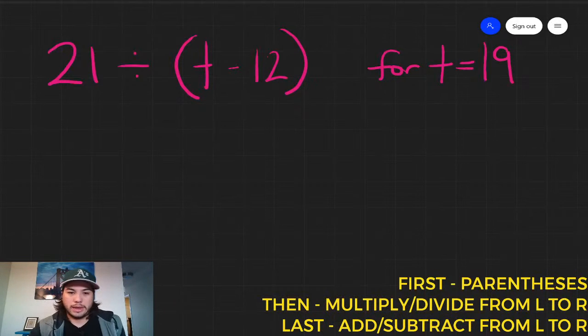So where that t is, put a 19 there, and then simplify it. Do your subtraction first, and then divide. So instead of t minus 12, you'd then have 19 minus 12.